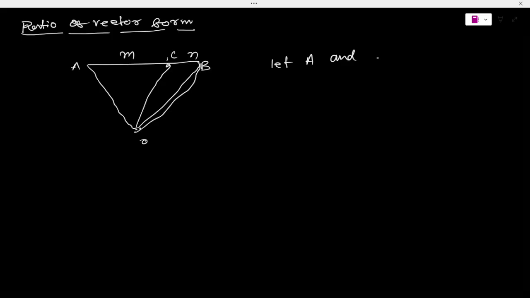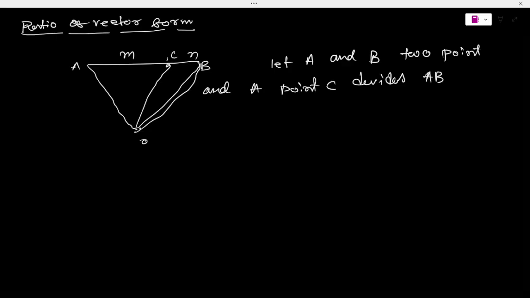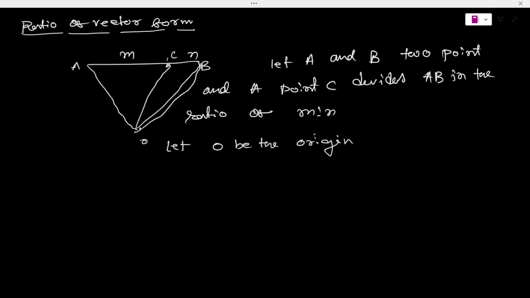Let A and B be two points, and point C divides AB in the ratio M is to N. Here you can see that it is divided in the M to N ratio. So let O be the origin.